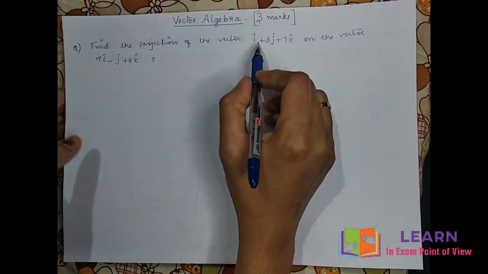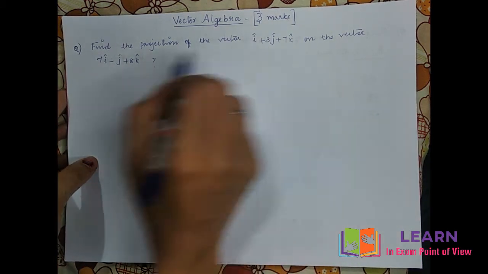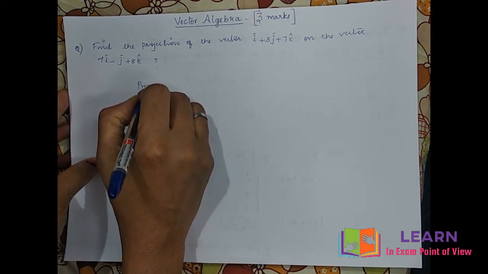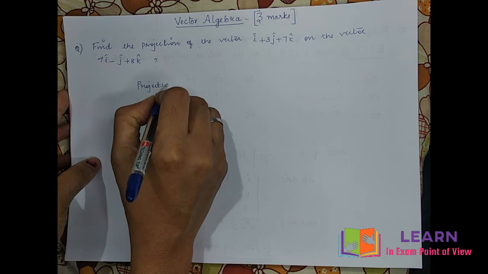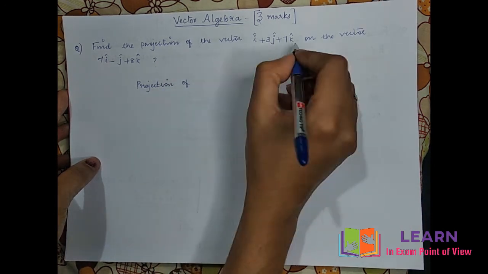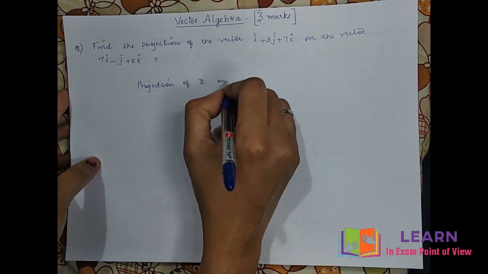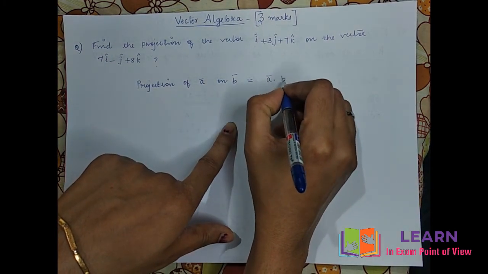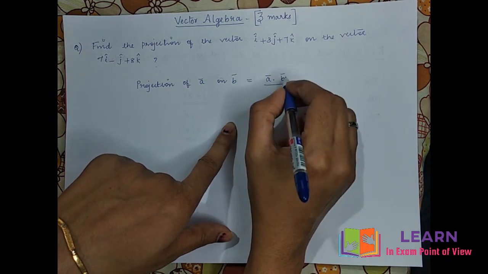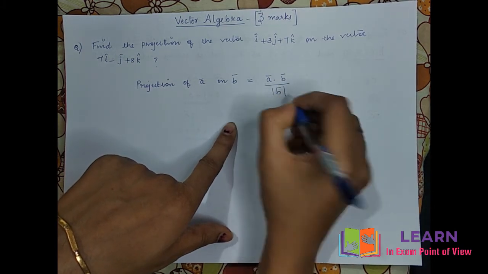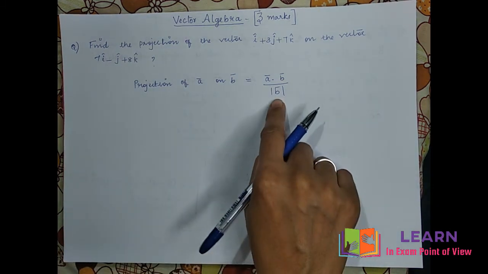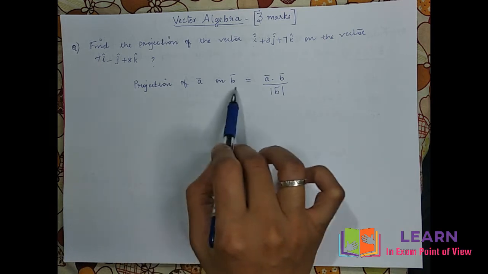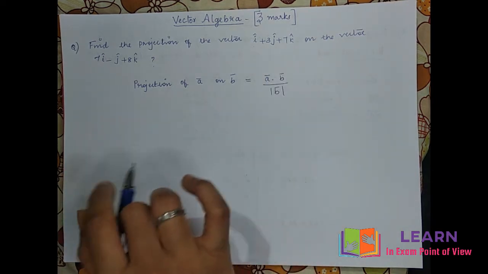If this is an A vector on B vector, then the formula of projection is A dot B by mod B. First you have to find the dot product, then take mod B. Remember this, then it is easy to solve.